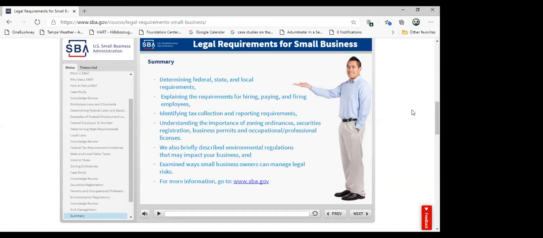We're going to talk about marketing. We're going to talk about financial statements. We're going to talk about products and services. We're going to talk about all these individual components, and we talked about the business plan earlier, and we talked about the different components. So we're going to talk about each component separately. This component deals with legal requirements.